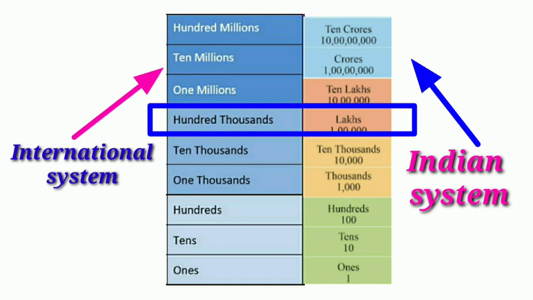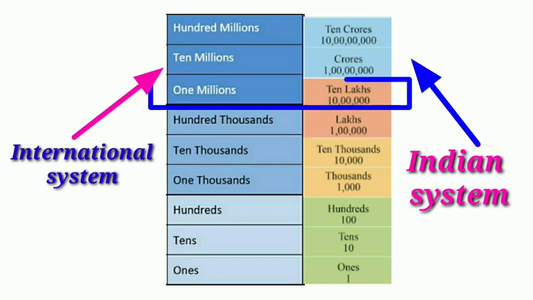And next, for 7-digit numbers, in Indian system we say 10 lakh and in international system we say million. That means 10 lakh equal to 1 million.